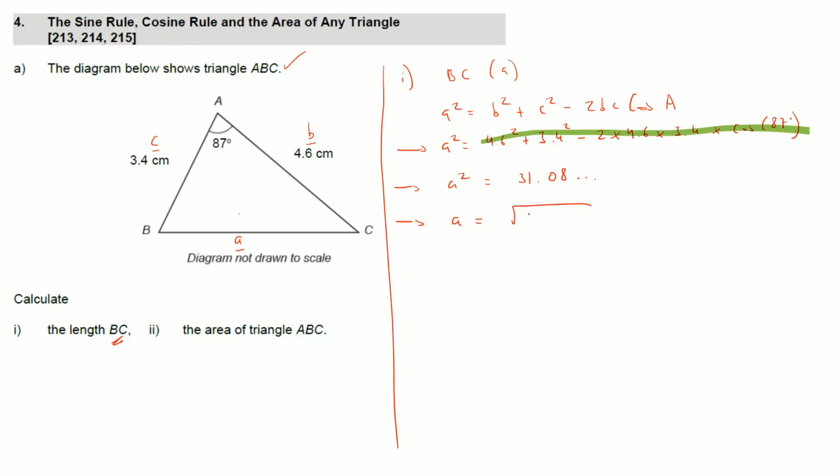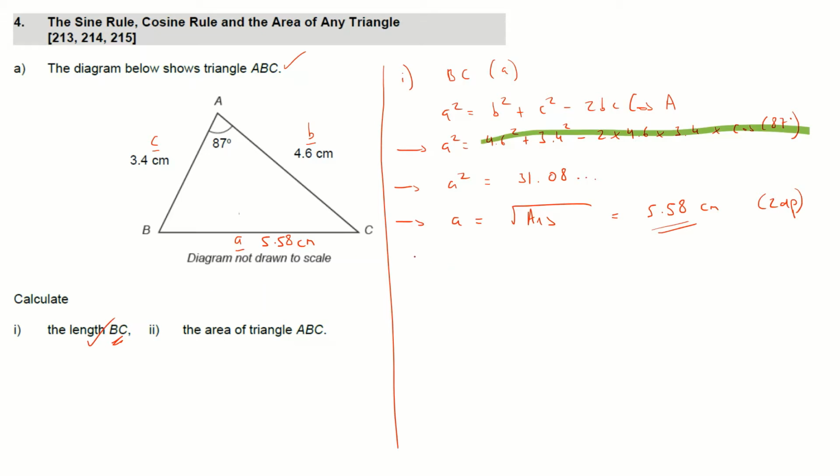So I push root on my answer button, and I get 5.58 centimeters to 2 decimal places. And I'm going to put that on the picture, so I can make this triangle look a bit more inviting.